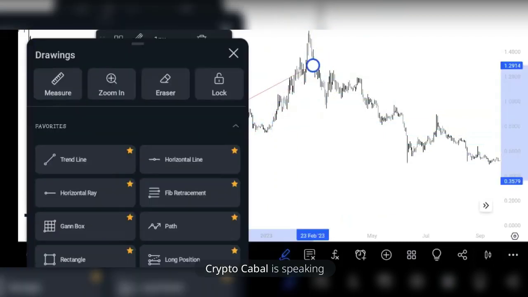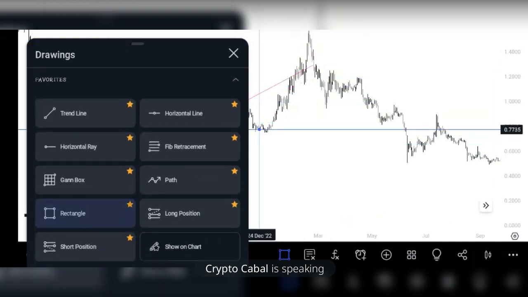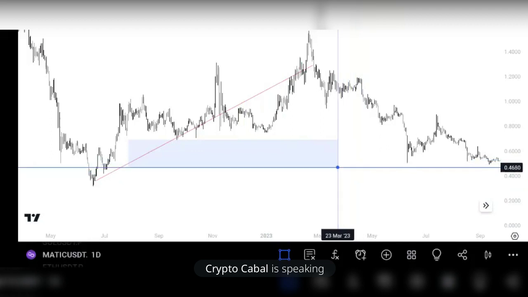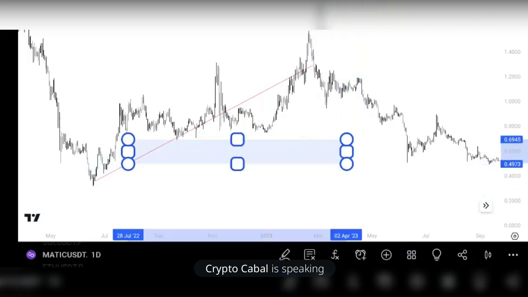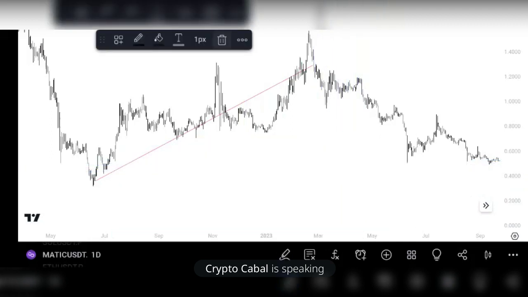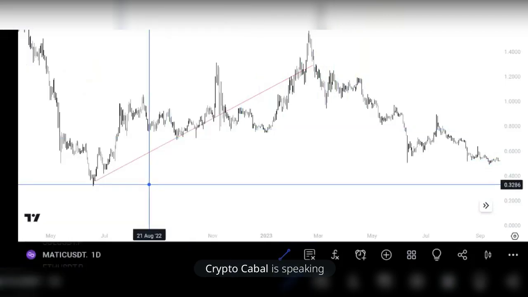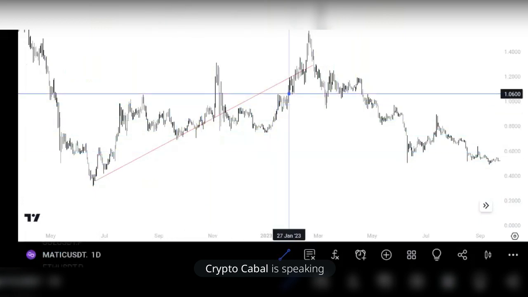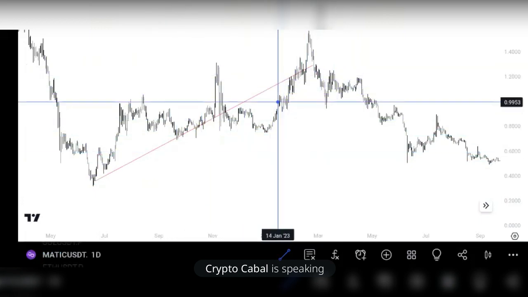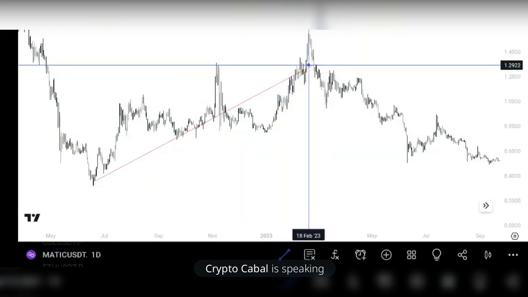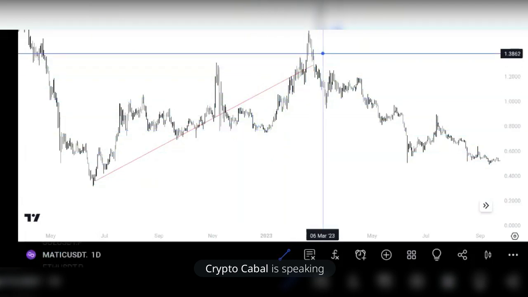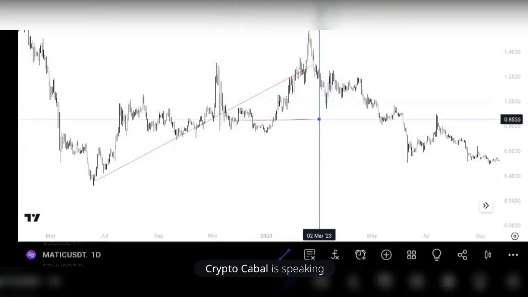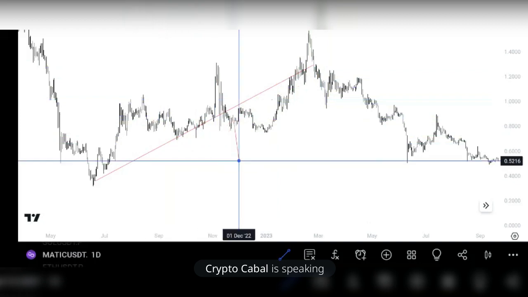All these points that are left behind, let me just highlight it, all this blue box, this empty space that is here, is called a liquidity pool, meaning there is a pool of money in all this space left behind. We expect price to come down into those liquidity pools and take whatever liquidity is there, and that is what is happening here. You can see that price went as high as these points, and it came down to take out whatever is here.